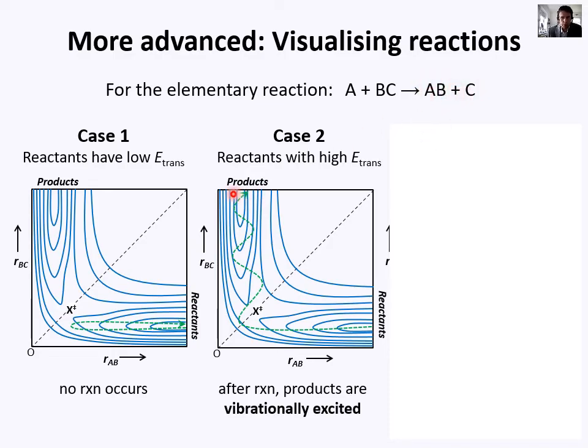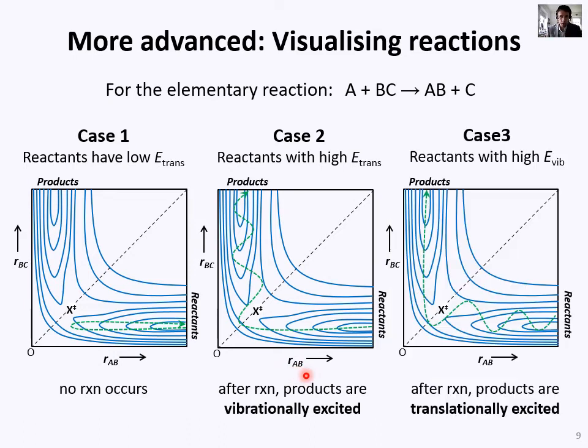But what is happening to the radius of AB? It's fluctuating backwards and forwards. Now this fluctuation backwards and forwards is a vibration. Basically A is getting closer to B, A is getting further away from B. Getting closer. So this representation here on a potential energy surface is a vibration, and it means that our products, our AB, are vibrationally excited.